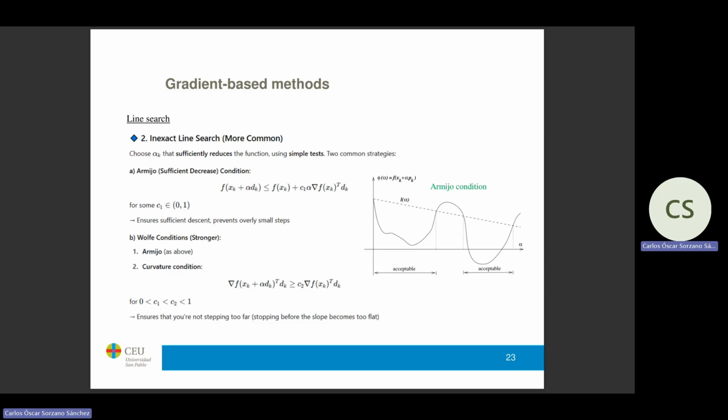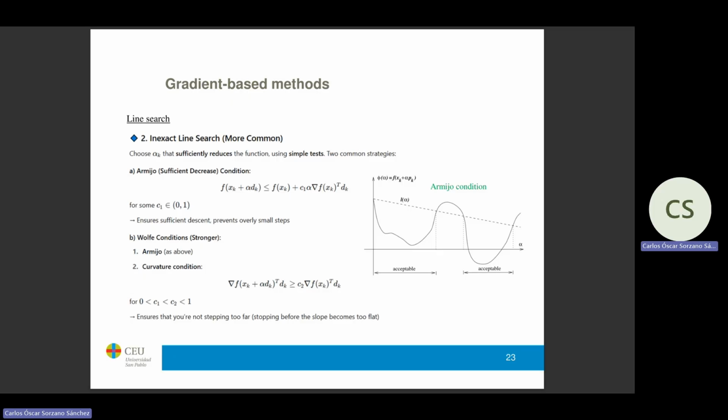That is what that condition is saying. And this C1 is something that you fix. It is not computed by the algorithm; the user has to say what this C1 is. This is called the Armijo condition.